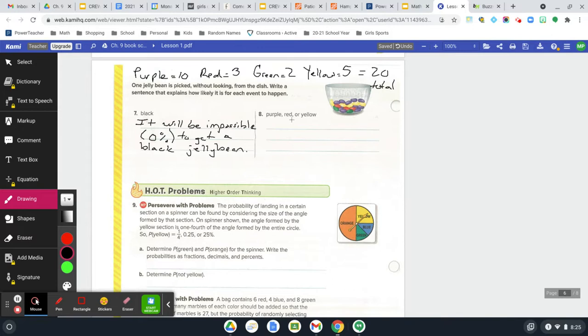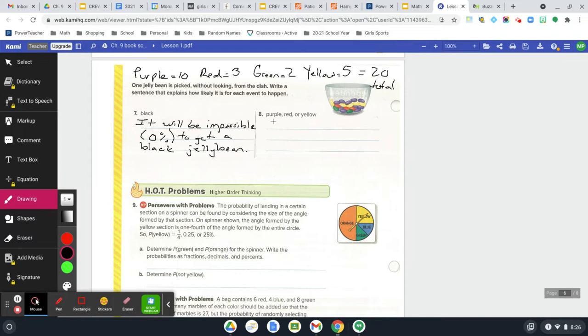Number 8, the probability of getting purple, red, or yellow. So we add these together. So when you see that word or, you're taking all 3 of those colors together. Purple is 10, red is 3, that gives you 13, and another 5 yellow gives you 18.